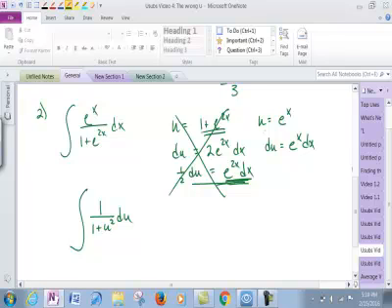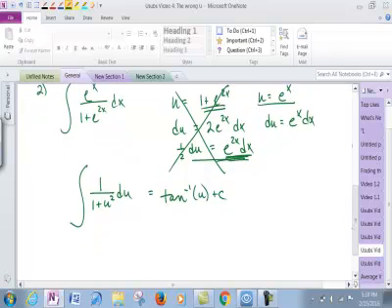Okay, can you see that? If u is e to the x, du is e to the x dx, and so e to the 2x becomes u squared. Well, that's nothing more than the inverse tangent of u plus c. And then of course, because it's an indefinite integral, we're not done until we go back to the original, e to the x, plus c.